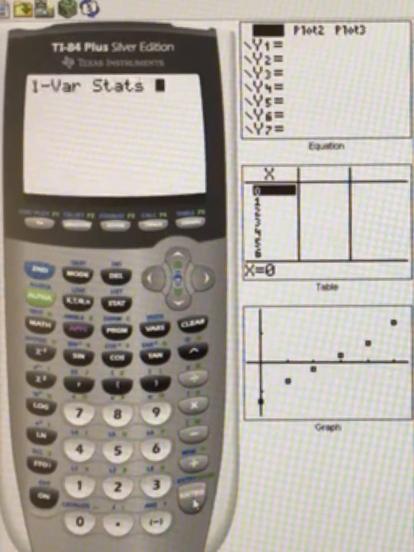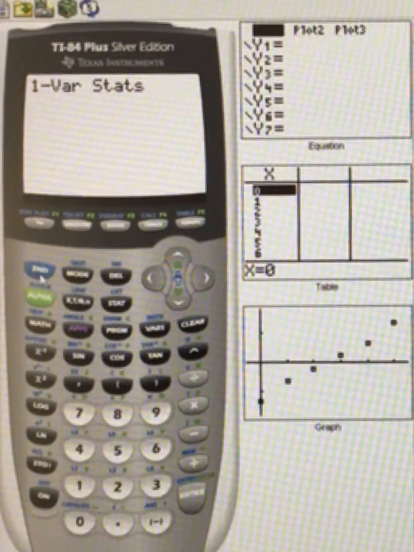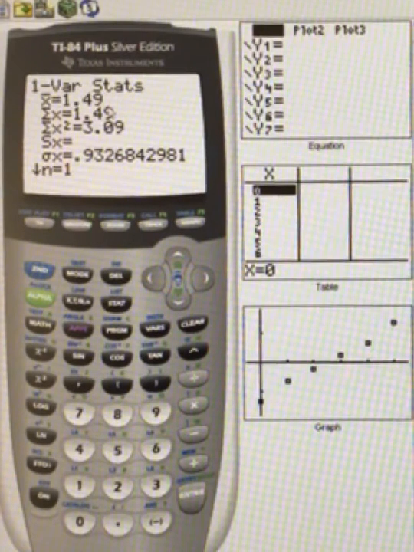Press enter on that. Then press second L1, then comma, then second 2. So you're listing two lists here, L1 comma L2. Then press enter. There you go. 1.49, that is the mean of the probability distribution.